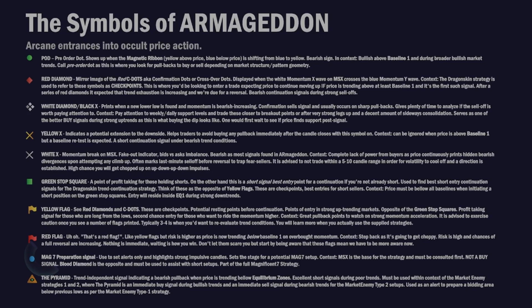So this is another one of those, and you're going to see this very commonly on your charts, when you see white diamonds, yellow X's, and pyramids printing on single candles. Now, each one of these signals could be giving you conflicting information, but they're ultimately just saying different versions of the same thing.